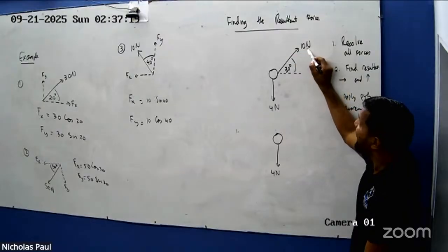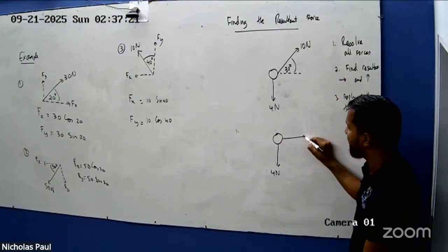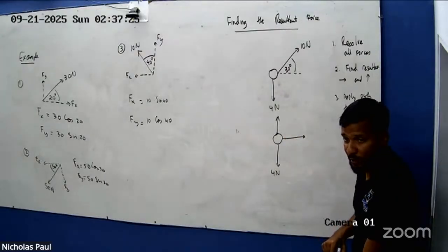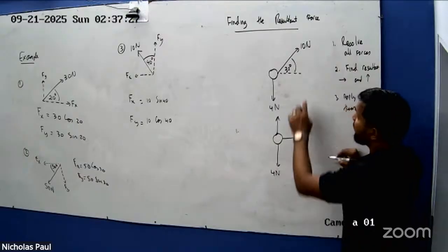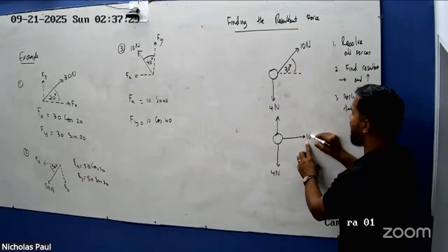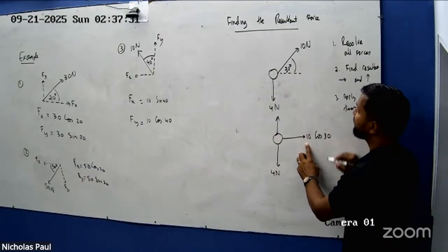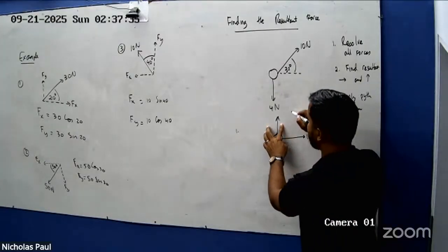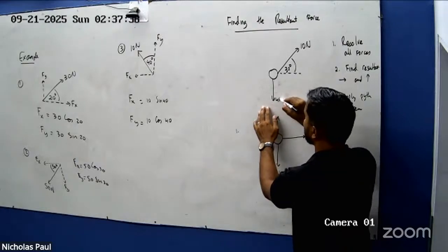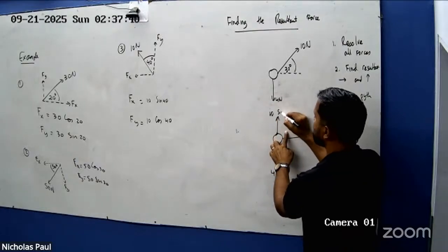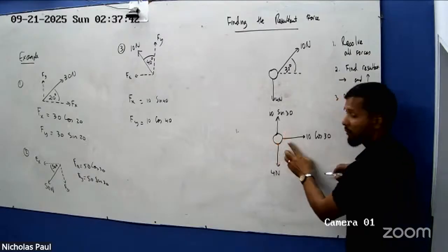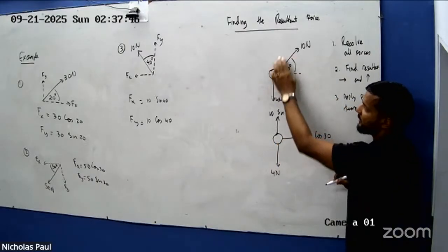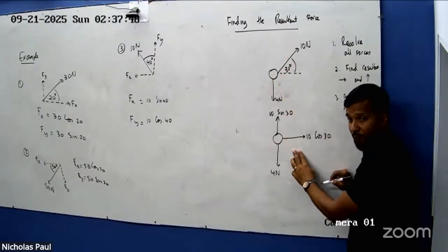So this 10 newtons force has a component here and a component here. The component horizontally will be 10 cos 30, and vertically it will be 10 sine 30. So we resolve this one horizontally and vertically. Are you okay with that?